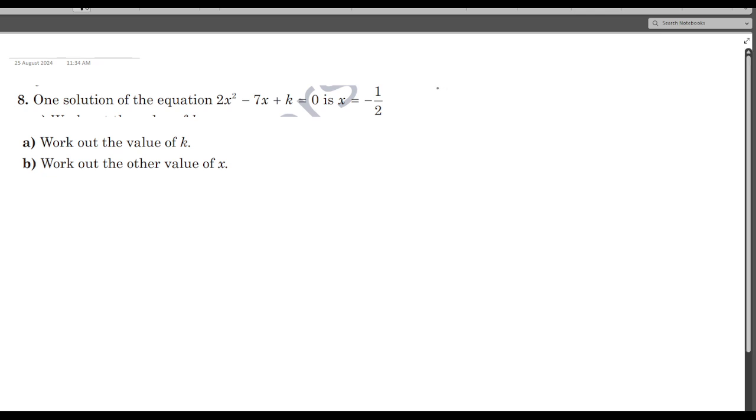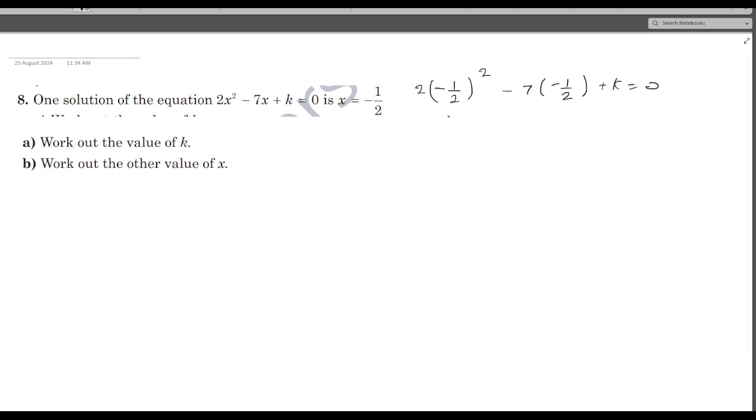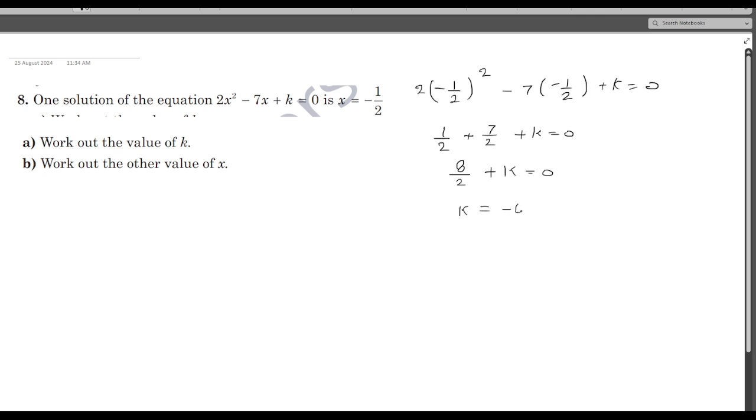So 2 times minus half square, minus 7 times minus half, plus k is equal to 0. 2 times minus half square is 1 by 4. So 2 into 1 by 4 is 1 by 2 here. Minus minus is plus. So it is 7 divided by 2 here, plus k is equal to 0. Now 1 by 2 plus 7 by 2 is 8 divided by 2, plus k is 0. That gives you the value of k as minus 4.